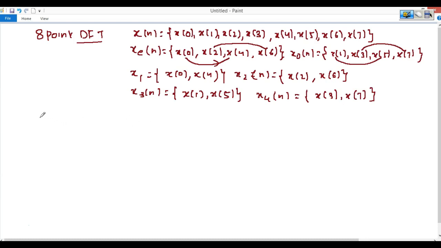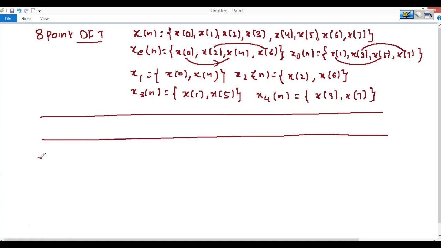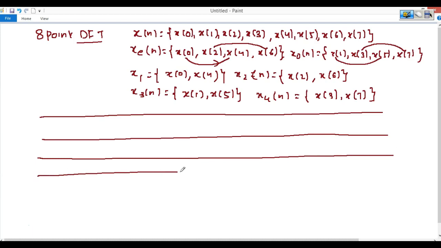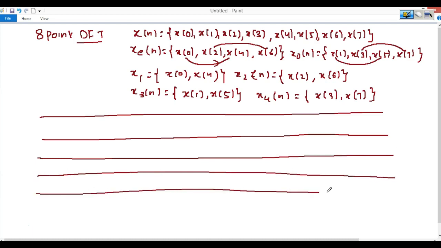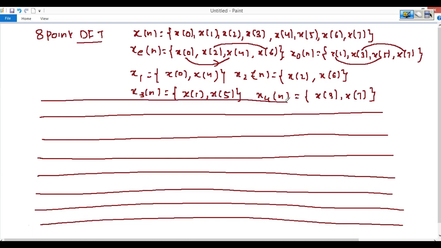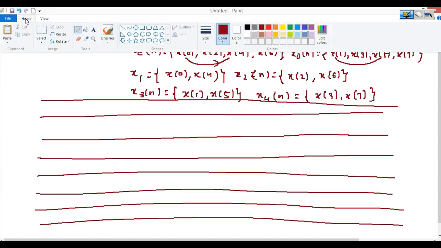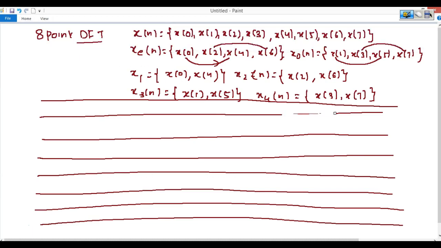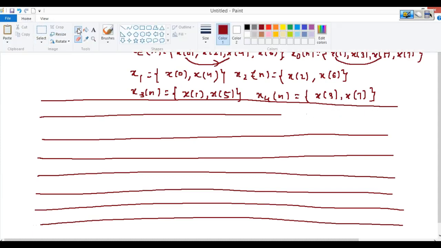We'll draw 8 lines here: 1, 2, 3, 4, 5, 6, 7 and the last one, 8.